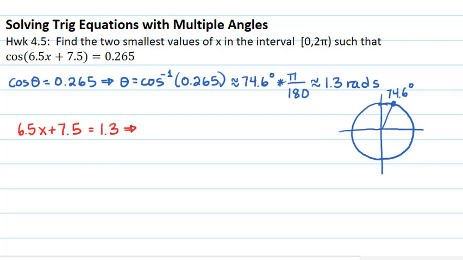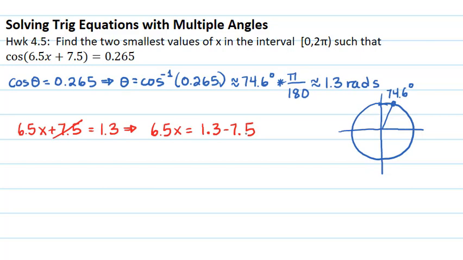Now to solve this equation, I have to subtract 7.5 and 1.3 minus 7.5 is a negative quantity, negative 6.2. So when I divide by 6.5 to find x, I'm going to end up with a negative x.